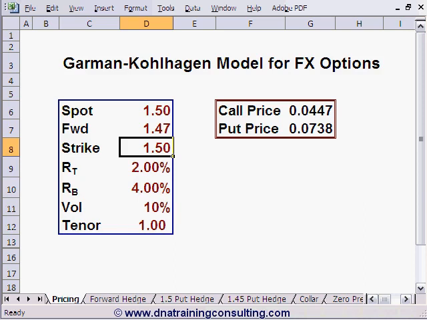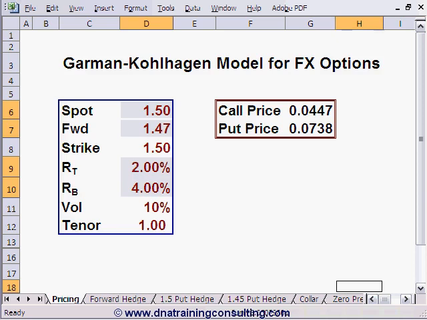Note importantly the forward level of 1.47 in cell D7, reflecting an approximate discount to the 1.50 spot of some 2%, consistent with the 2% interest rate differential in favor of sterling.